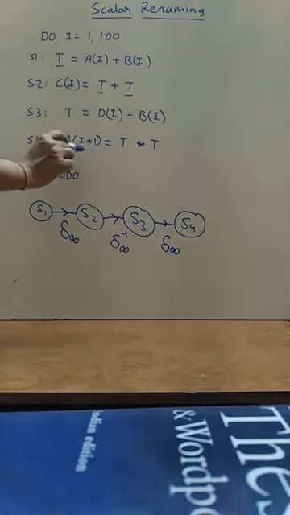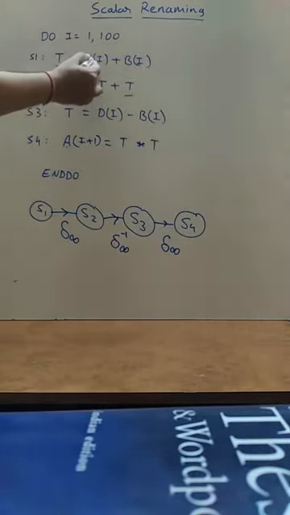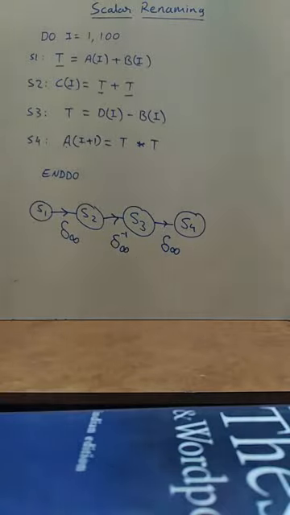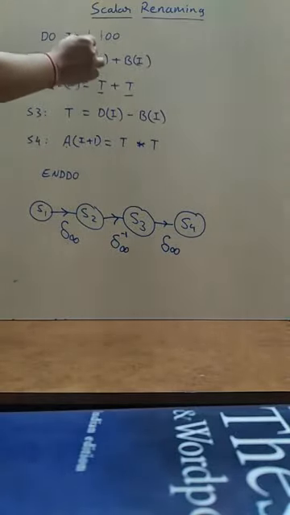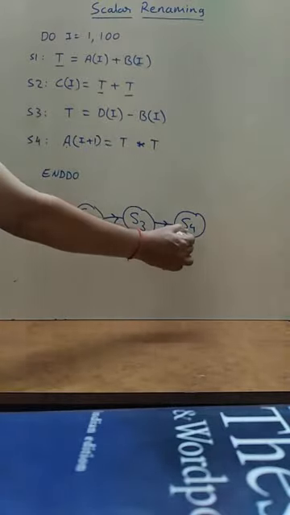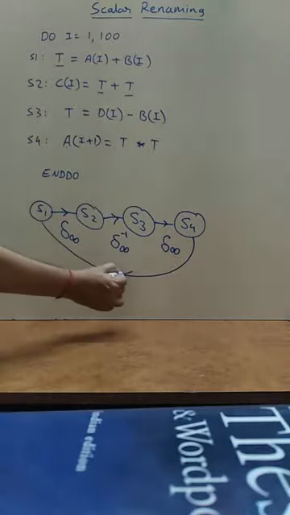A of 2 is defined in the fourth statement of the first iteration, and in the second iteration, within the first statement, this A of I represents A of 2. So A of 2 is defined in the fourth statement of the first iteration and used in the first statement of the second iteration. Due to this you have one true dependence from S4 to S1.